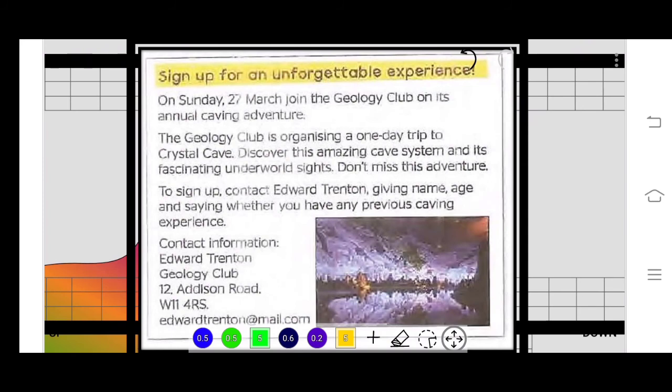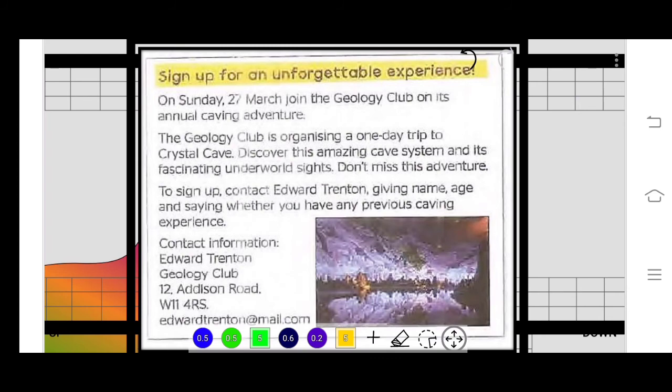Okay? So, your task for this lesson, you have to write a semi-formal letter. This is from your textbook. What you need to do is write a semi-formal letter and include indirect questions in your letter. So I will read it for you. Sign up for an unforgettable experience.